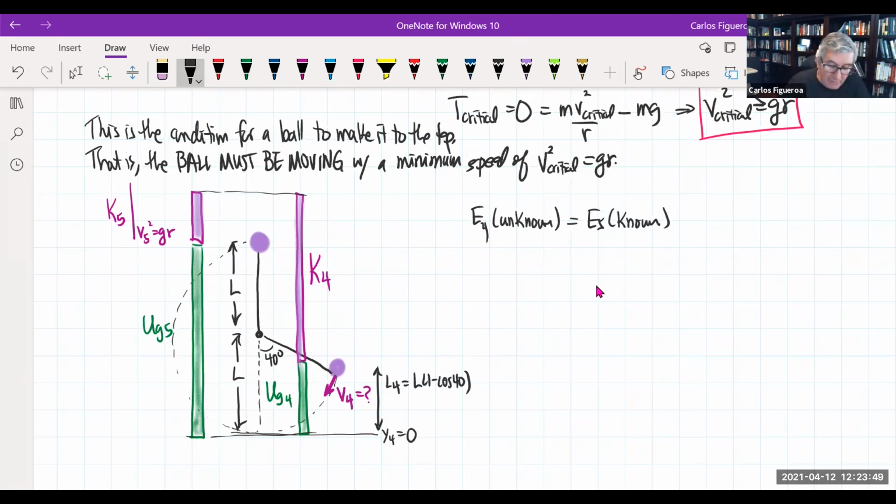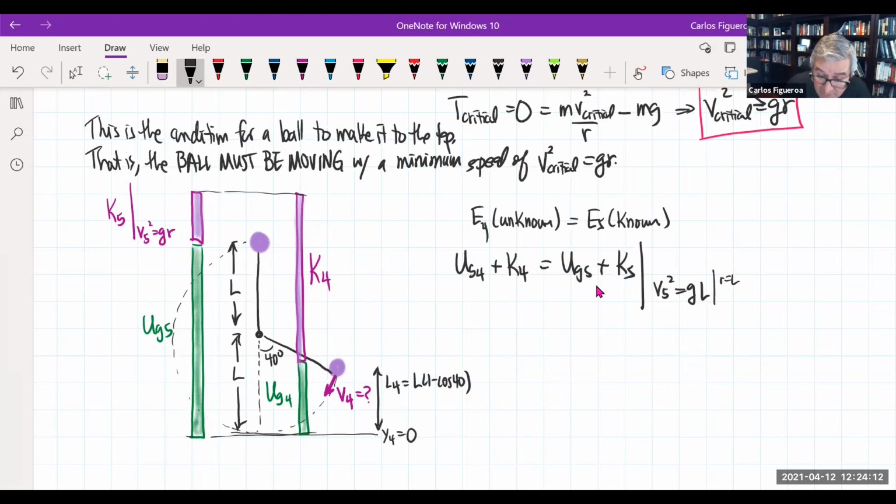So then I'm just going to write my equation. Here I go. I got UG4 plus K4 equals UG5 plus K5, with the condition that V5 squared is going to be G times L, since R is equal to L. That's the radius of the circle.